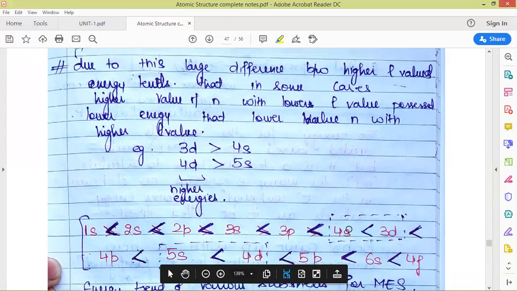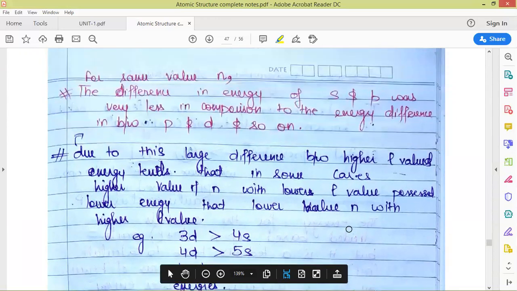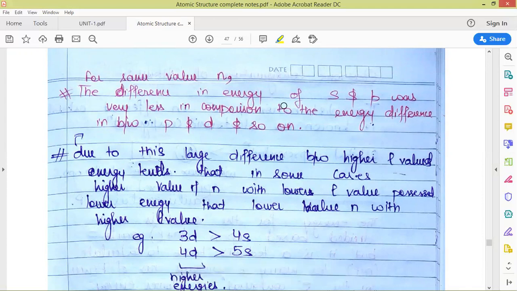This is based upon the observation that for the same value of n, the difference in the energy of s and p was very less. s and p orbitals were closely spaced for the same values of n, but the difference in energy of p and d orbitals and p and f orbitals is very large.